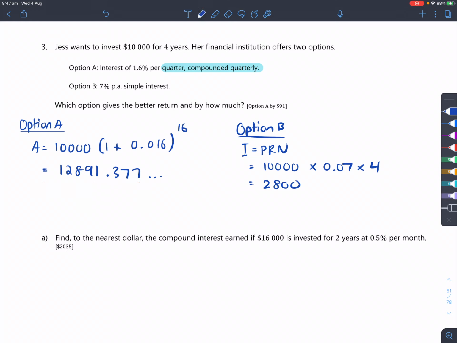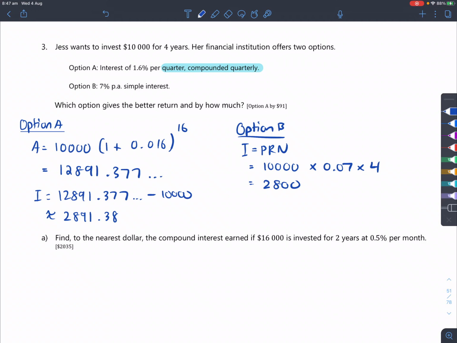Right now what we're going to do is find out how much interest option A gave, because we're going to find out both actual amounts. We can just find the interest by subtracting $10,000 from our final amount. 12,891.377 minus 10,000, I'm just going to approximate it, would be 2,891.38.